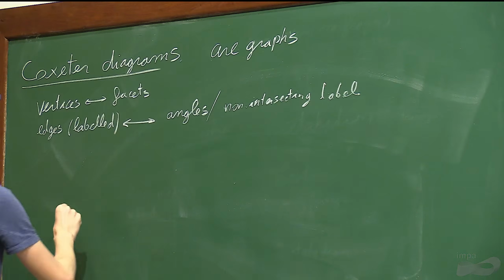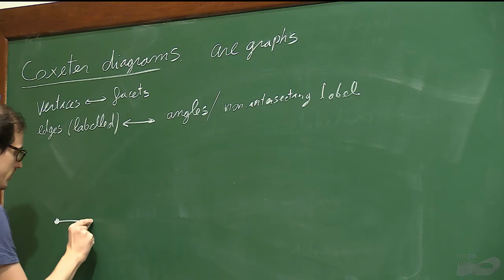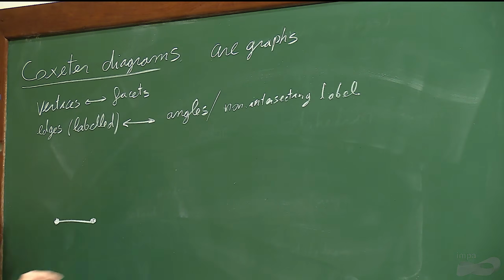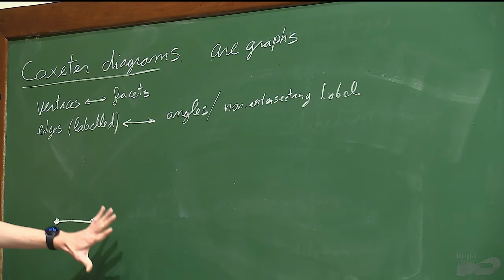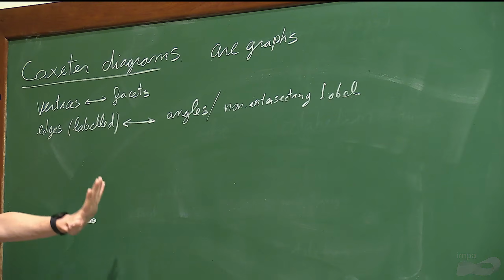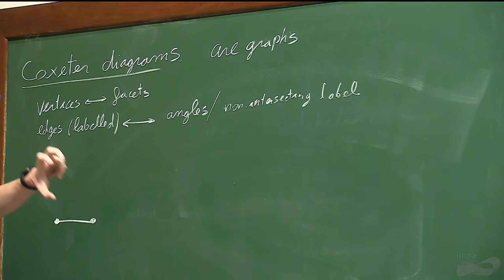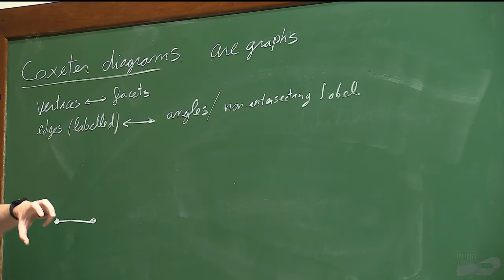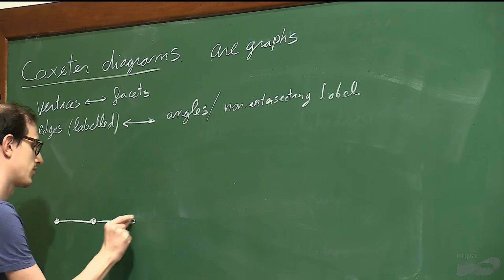So in particular, there are some weird conventions. The diagram is going to be a vertex for every facet, and we put an edge for every pair of facets that tells us whether the two facets are intersecting, and if yes, at what angle. But there's some notation.